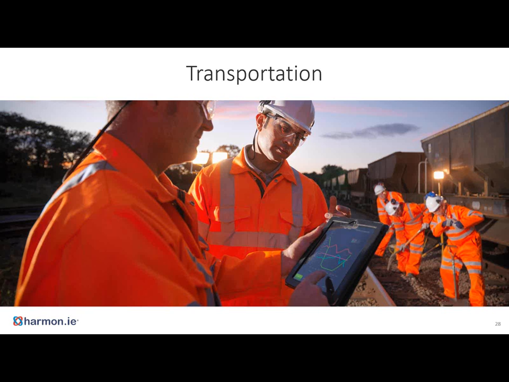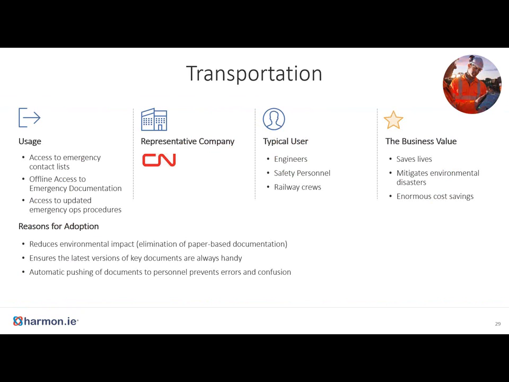So the second example of the high-value business-specific application comes from the transportation industry, and this is an industry that's highly mobile because obviously transportation folks are working all sorts of different places. In many of those places, the connectivity is not very dependable. So a lot of times, folks are building railways or working in building roads and so on.